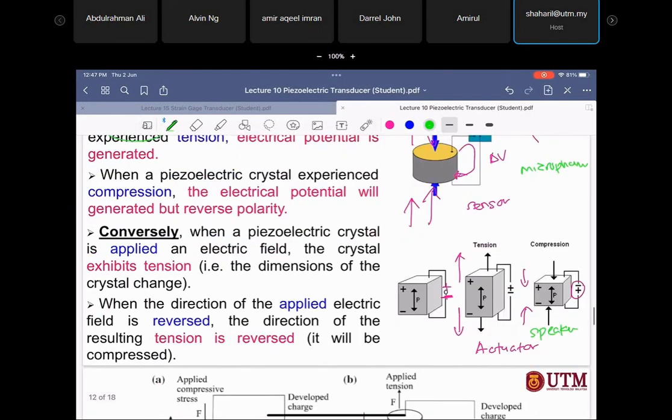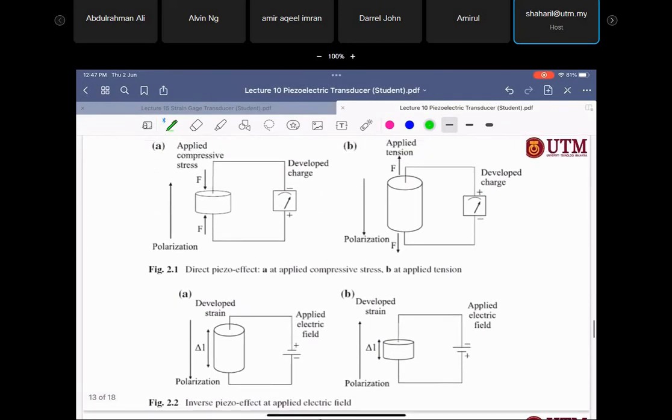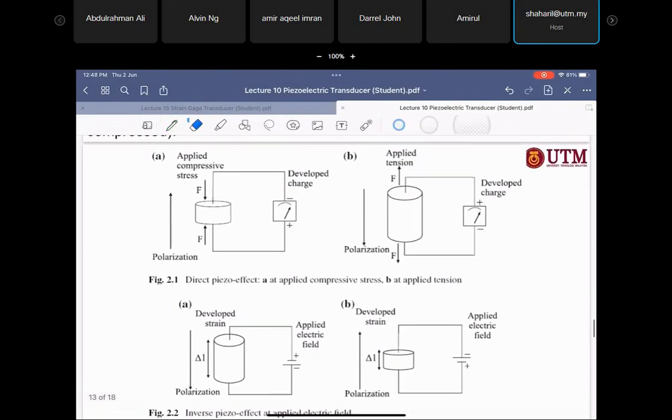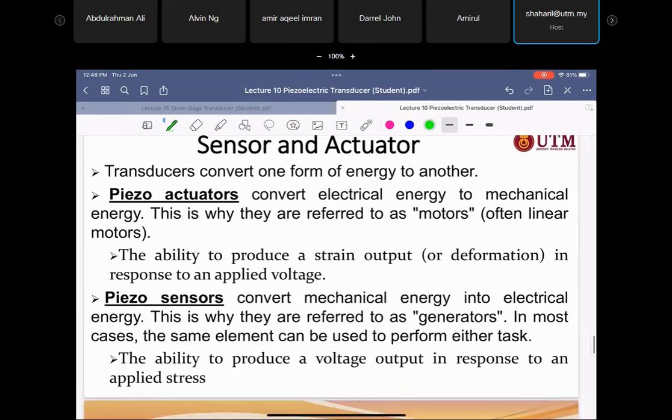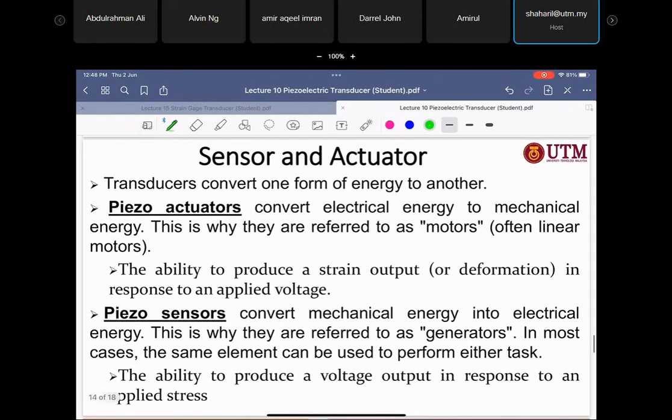Let's look at the example. This describes what we mean by direct and converse. So this is what I told you: the piezoelectric is special because it can be an actuator and also a sensor.